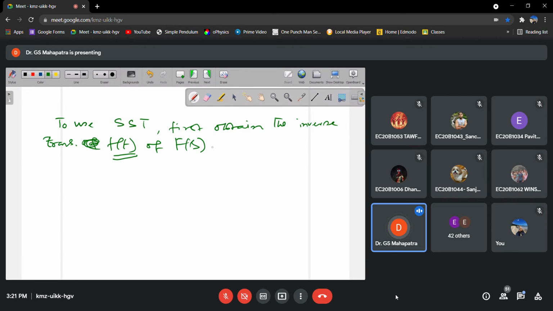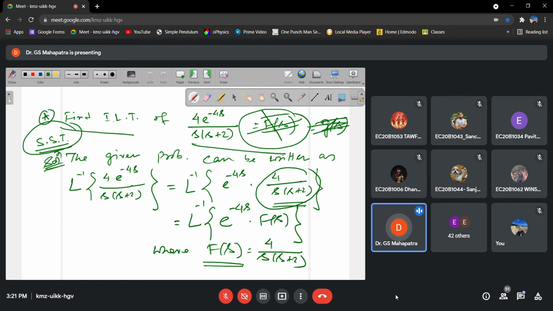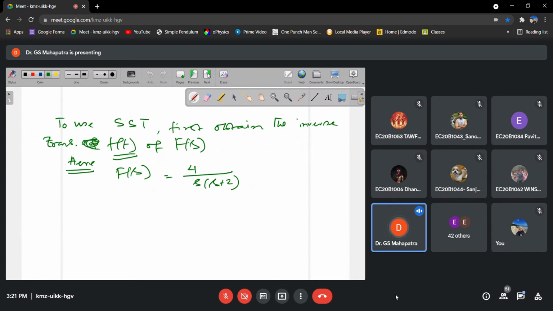For our case, capital F of s is 4 divided by s into s plus 2. So that is already there. Our first target is to find the inverse Laplace transform of this one. For that, you have to go to the next page. It is very simple, to find a and b.